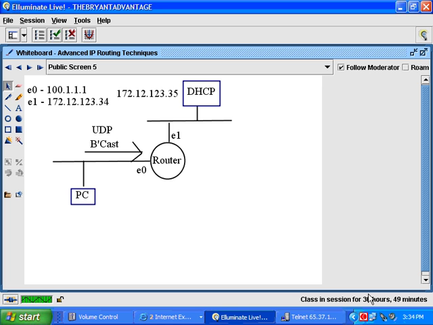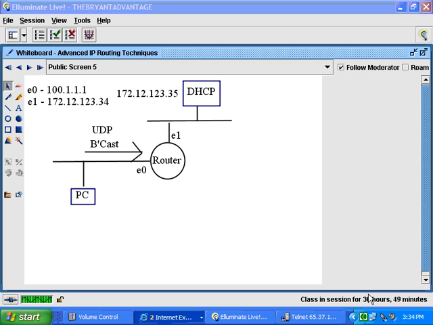So we've got a real problem here, because we didn't listen to Bill Gates, we don't have a DHCP server for every segment, and now we're in a lot of trouble. Well, actually, we're not in that much trouble, because Cisco has a very simple command that will take UDP broadcasts and translate them into a unicast, and unicast them to whatever IP address we decide they should go to.